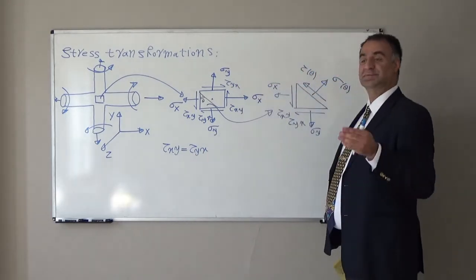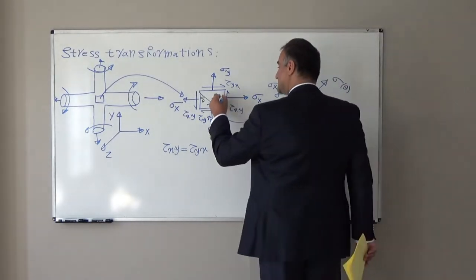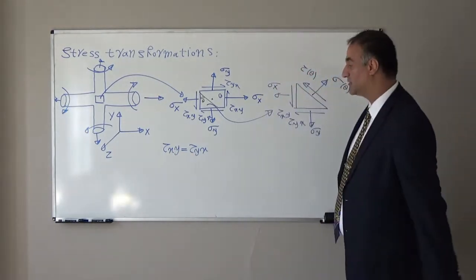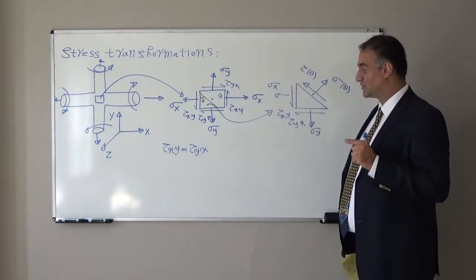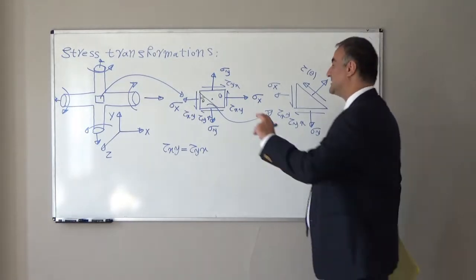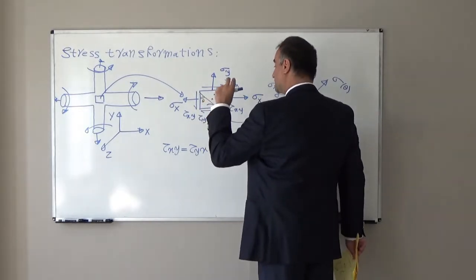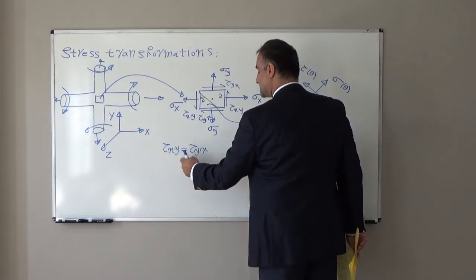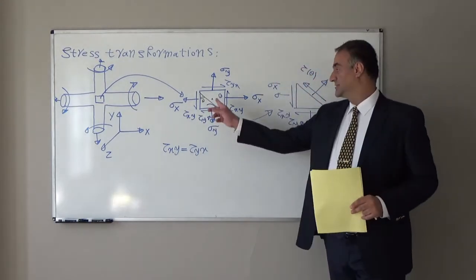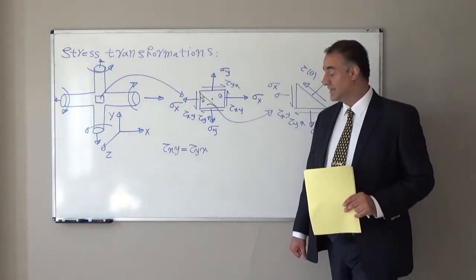Because in order to satisfy summation of moment equal to 0, this component should be equal. So always tau xy should be equal to tau yx. Otherwise, this element will start to rotate. And in order to prevent rotation, tau xy should be equal to tau yx. You can take moment with respect to the center point. You will see you will end up with this relationship.